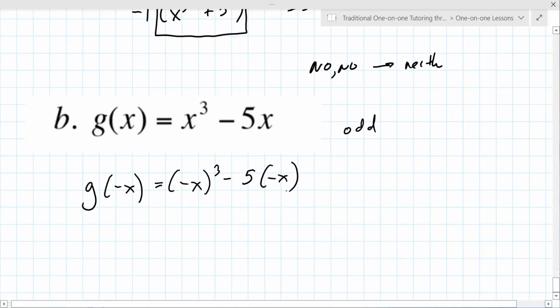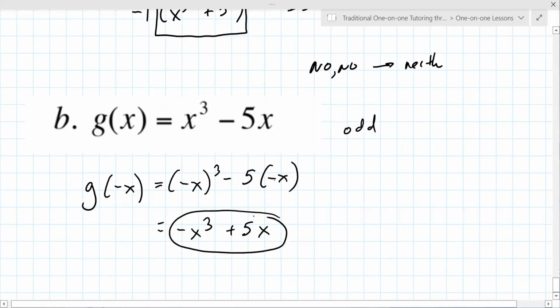Again, it's probably a really good strategy to put it in parentheses each time. So this becomes -x cubed. This minus and this minus go together. That's 5x. You first ask yourself, is this exactly the same as the original? It has to be exactly the same. The answer is no, so it's not even.